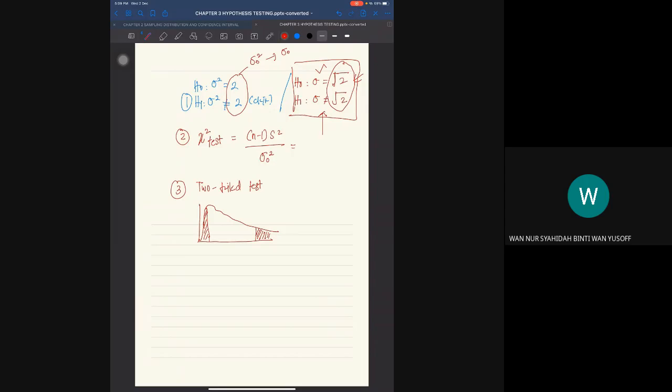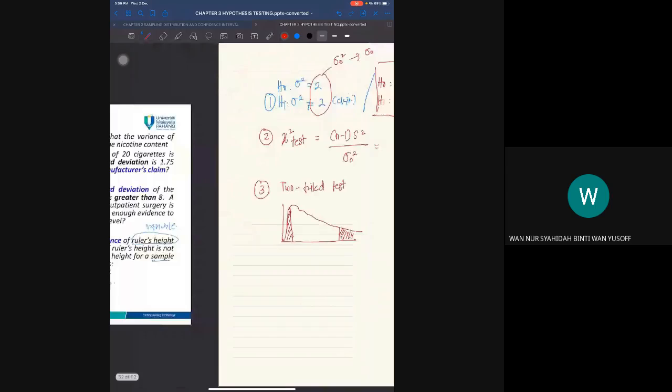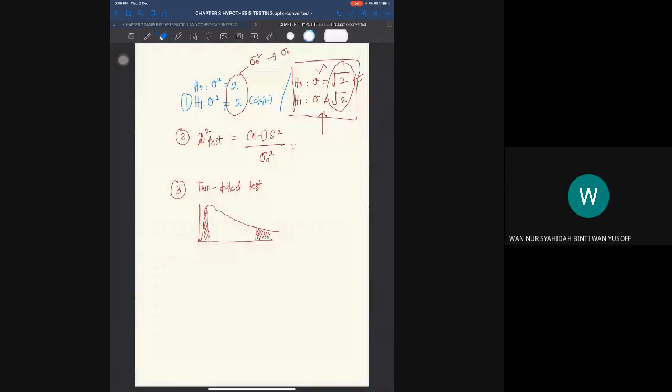So we have 2 tail, then alpha divided by 2, so 0.1 divided by 2, we have 0.05. So the upper critical value here, we have a value 0.95 and 9. So make your decision after that, then conclusion.